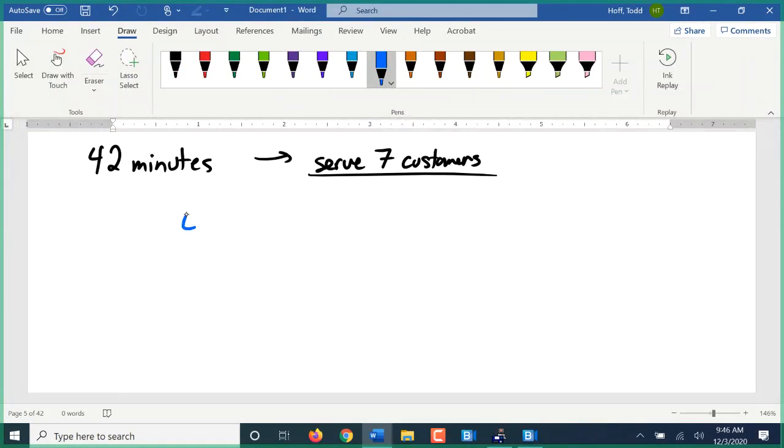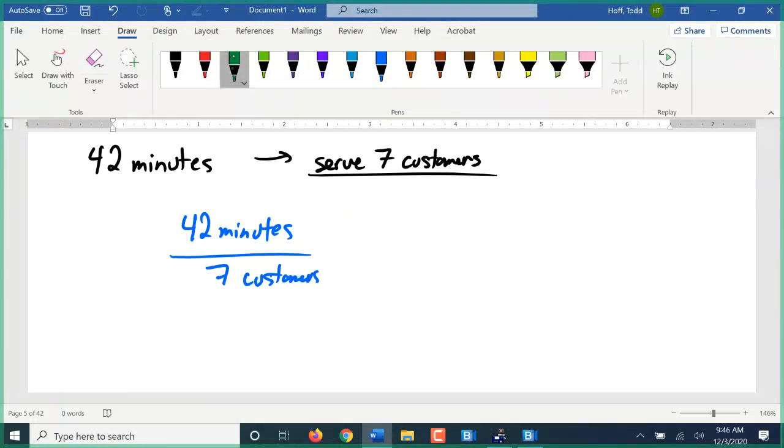You have 42 minutes, 7 customers. That's real sloppy, I know, sorry about that. We're going to divide by that second number, the 7. 42 minutes divided by 7 is 6 minutes. 7 customers divided by 7 is 1 customer.